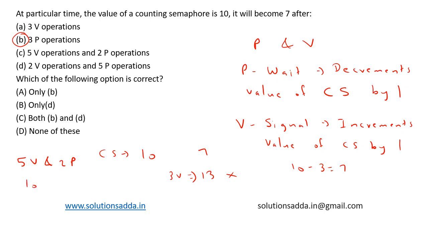So 10 plus 5 minus 2, we will get 13. So option C is not a correct answer. Now let's focus on option D. We are performing 2V and 5P operations, which means 10 plus 2 minus 5, which is equal to 7. So option D is also correct. So based on the options here, option C, both B and D, is the correct answer here.